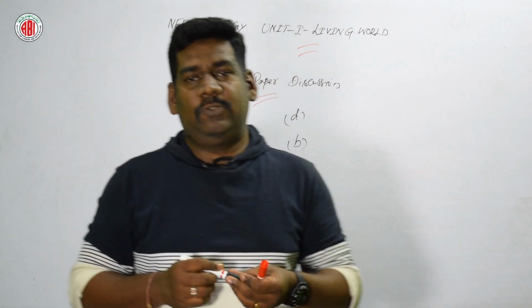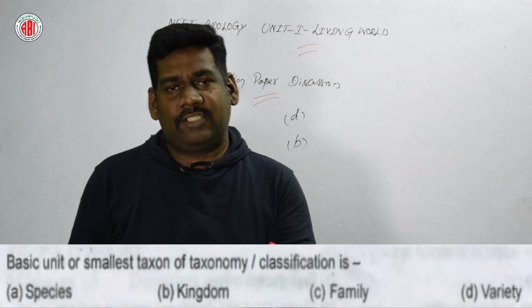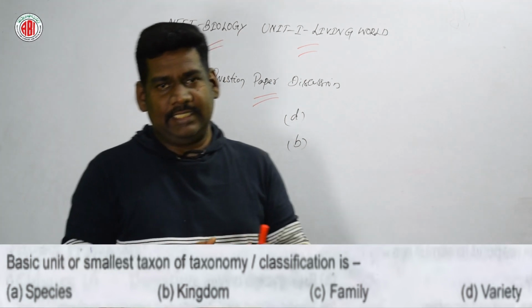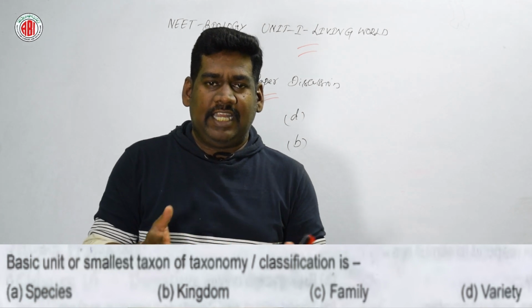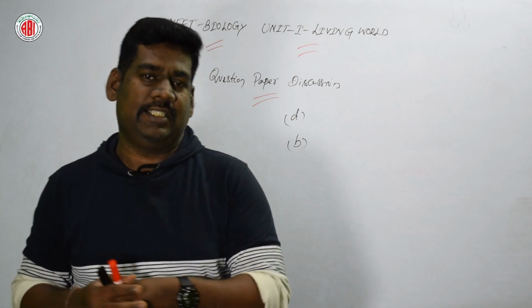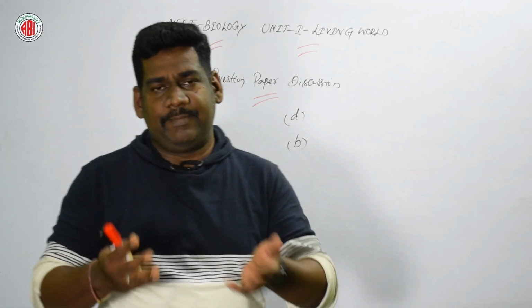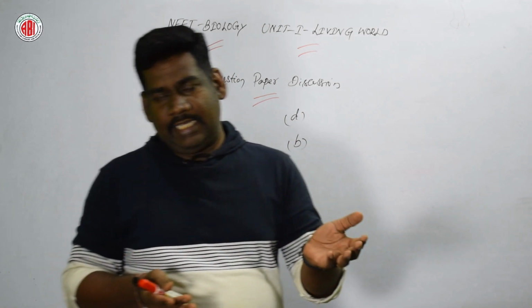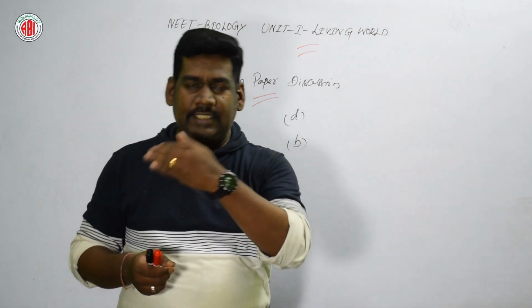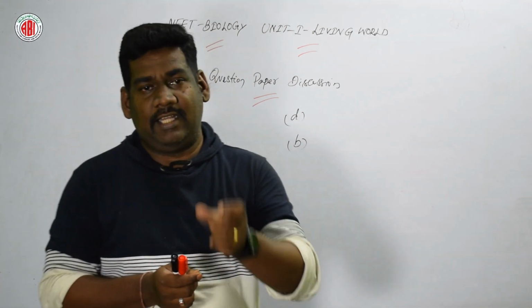Now let us go for the next question, that is the basic unit or the smallest taxon of the taxonomic classification or the taxonomic category. We have discussed in the previous video the different levels of taxonomic hierarchy, like species, genus, order, family, kingdom, phylum, and in case of plants we are discussing division. Among all these categories of taxonomy, which one is the smallest level or the basic unit?